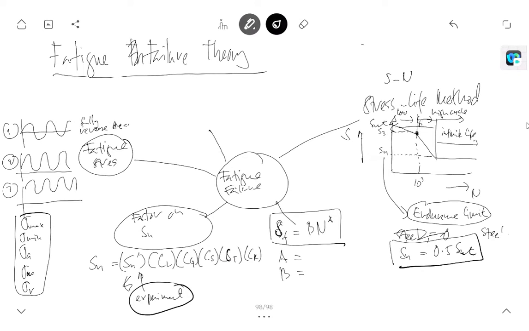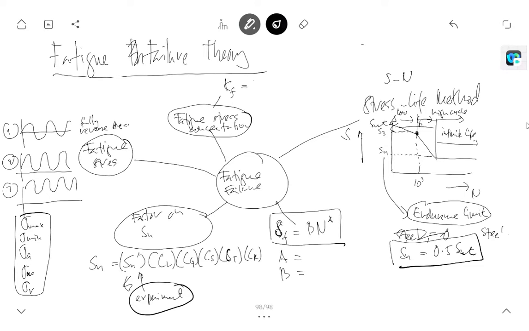So it will be influenced by Kf. This is the fatigue stress concentration, which we learned as Kf.